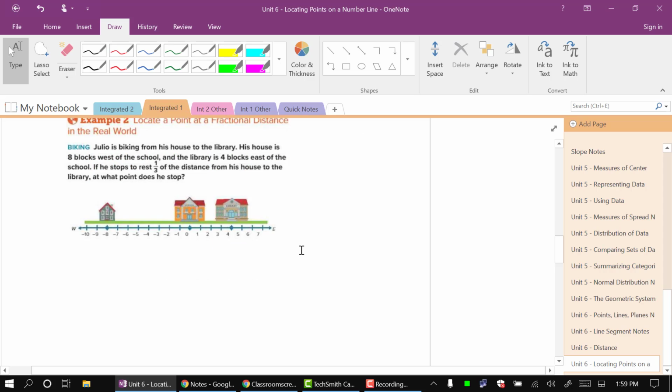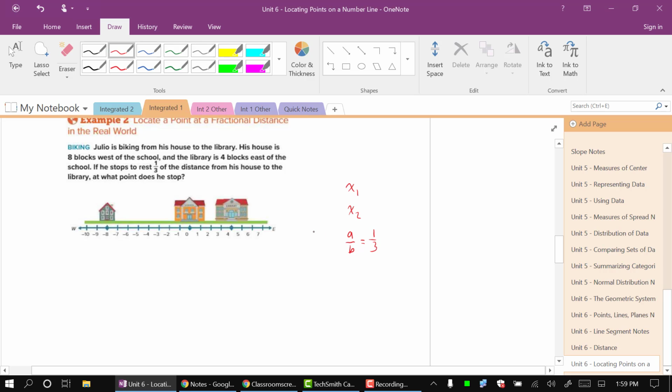So we're biking from the house to the library. The house is 8 blocks west of the school, and the library is 4 blocks east of the school. If he stops to rest 1/3 of the distance from his house to the library, at what point does he stop? So again, we have an x1, we have an x2, and we have an a over b, that's our 1/3.